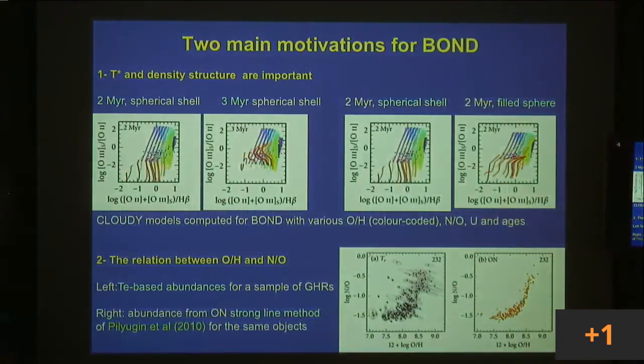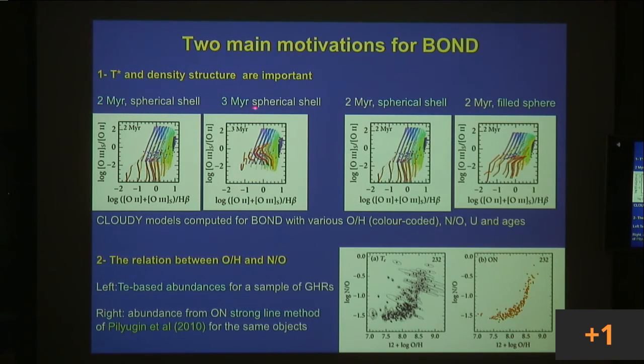There are 2 main motivations. One is that the temperature and density structure are important in giant H2 region models. So for example, this is a grid of models for an instantaneous starburst of 2 megayears, assuming a spherical shell geometry. So the models have varying metallicities and ionization parameters. The metallicities are color-coded.